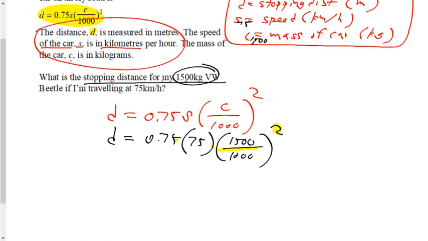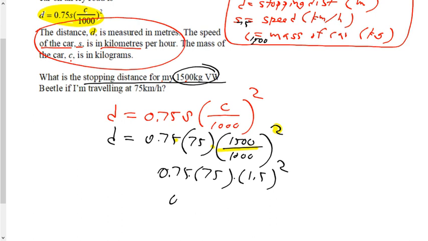Say again? Brackets, because there's something in there, isn't it? So really, this division is going to be the first thing I do because it's in brackets. So 0.75 times 75 times, what's 1,500 divided by 1,000? 1.5 squared. Now I have a multiplication and I have an exponent.